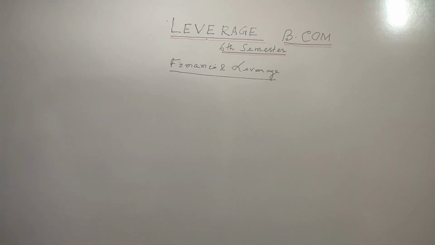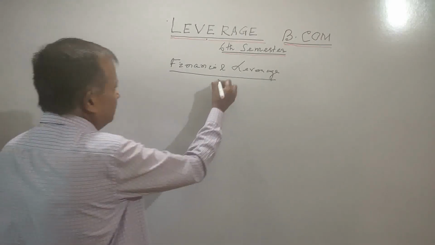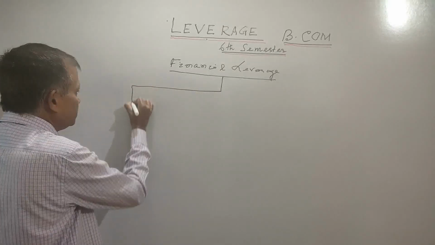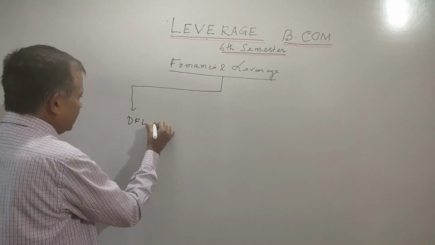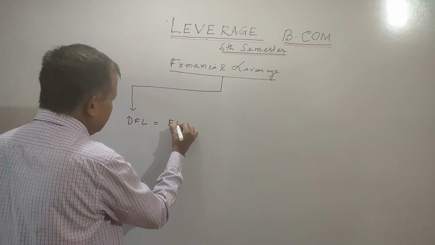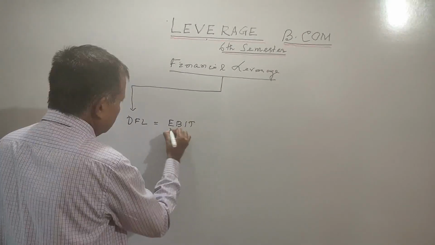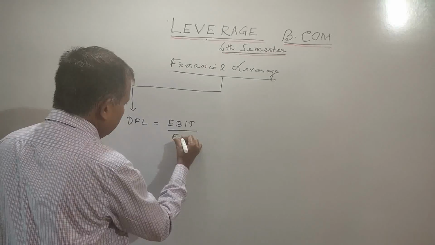Financial leverage also has two formulae. There are two ways of measuring. One is your degree of financial leverage, EBIT divided by EBT.